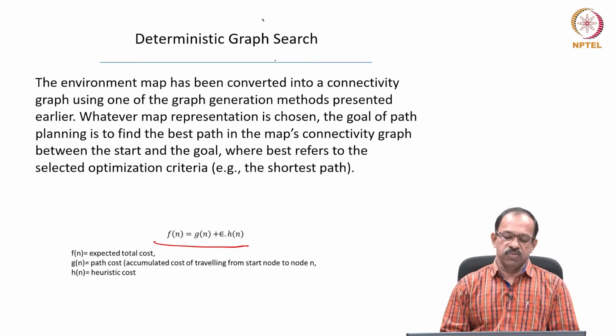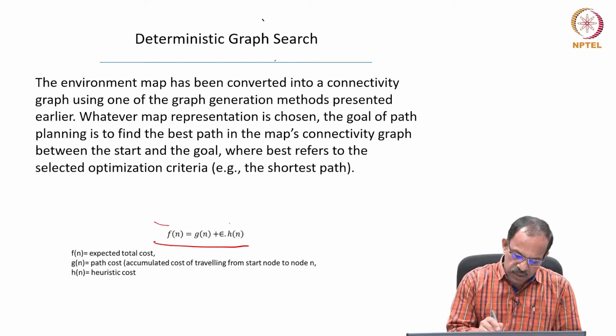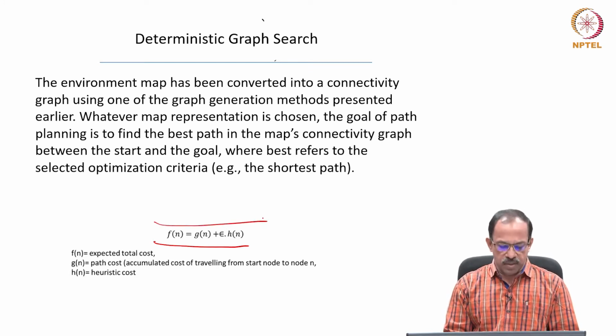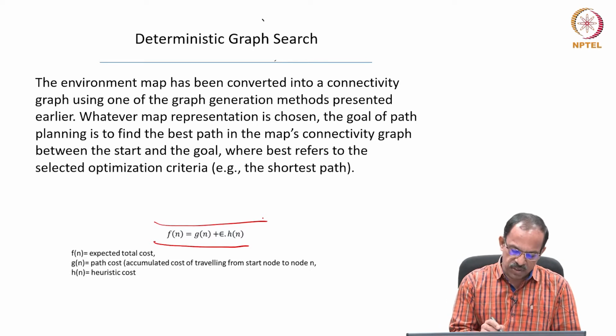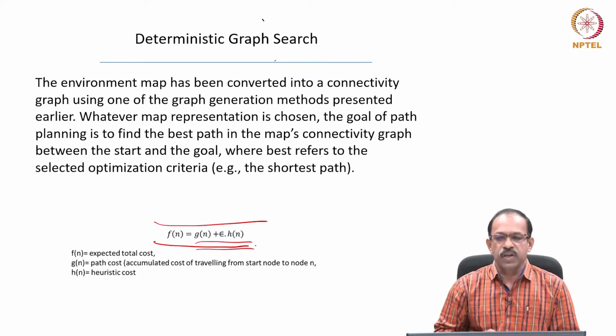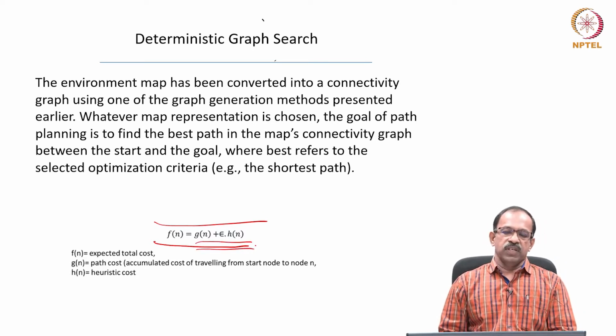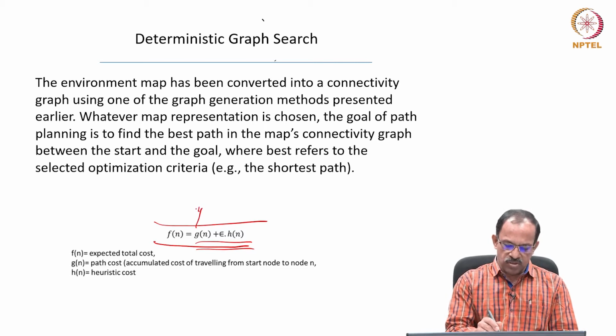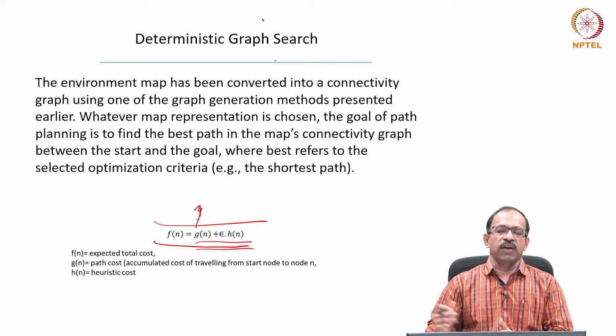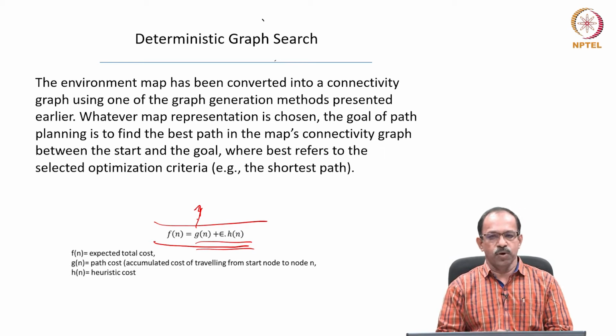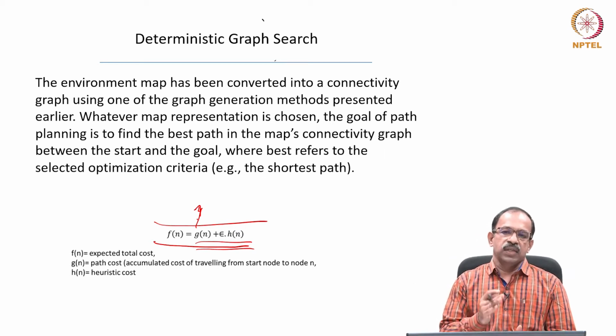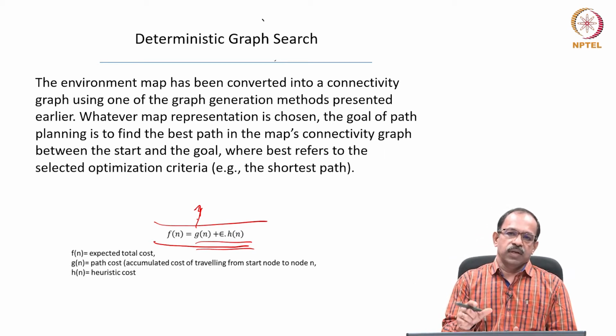In the deterministic method we use the total cost function Fn equal to Gn plus epsilon Hn, where Gn is the path cost, or the accumulated cost of travelling from the start node to the end node, assuming that the cost between the nodes is known.